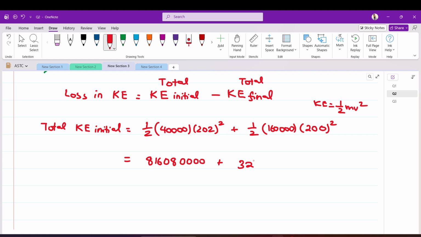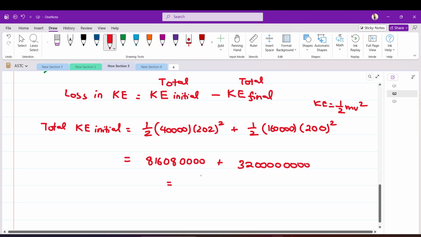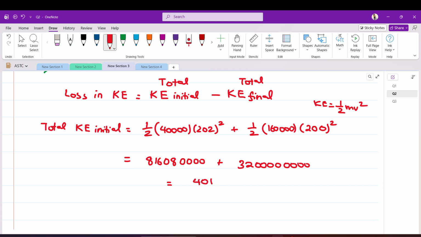We have 4 and 4, 8 zeros. So when I add this, it will be 81608 and 4 zeros, so this becomes 401608, then we have two zeros. That will be in joules.